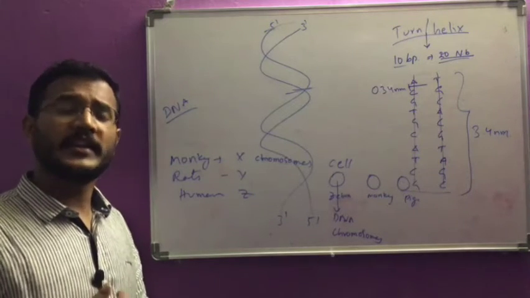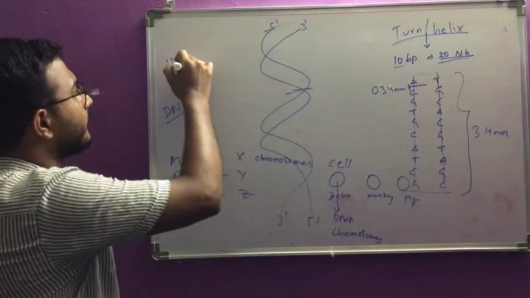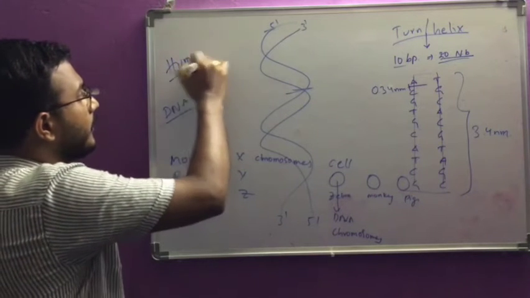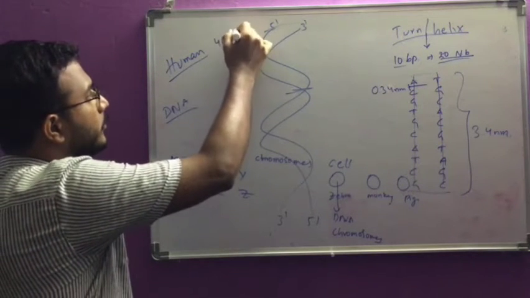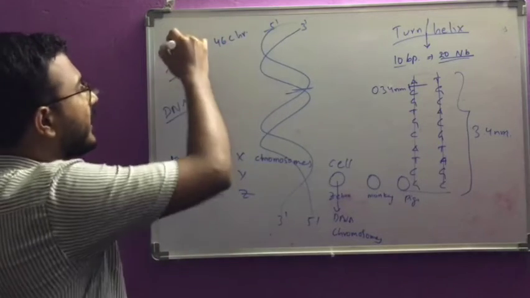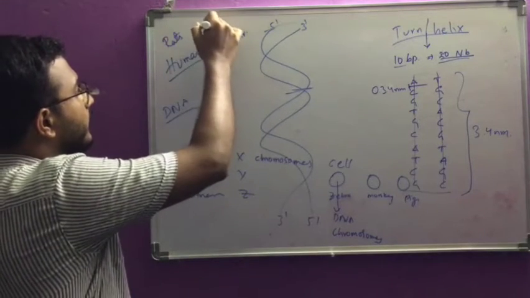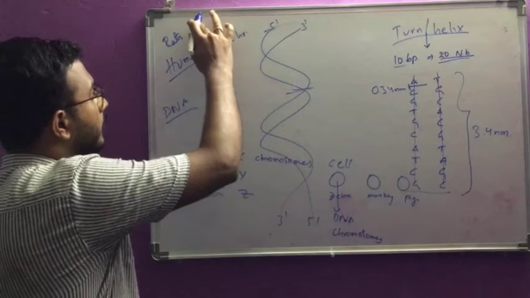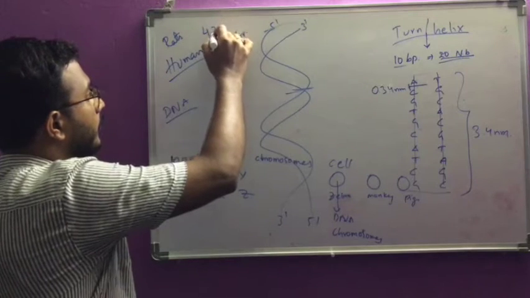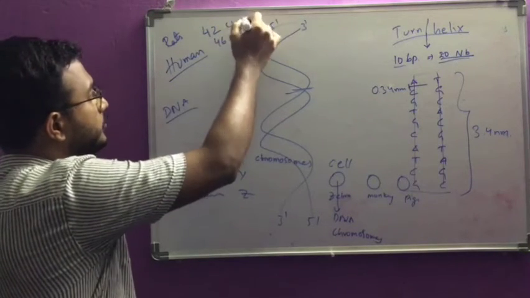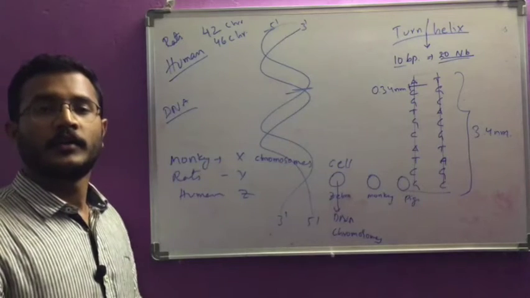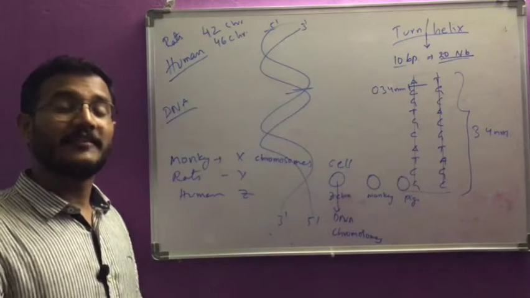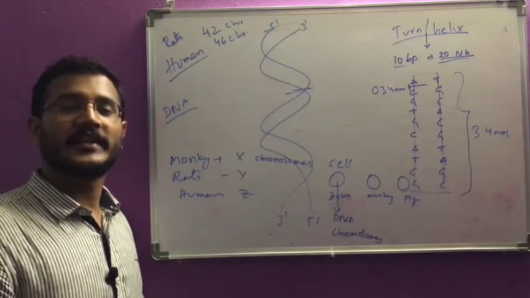But within the species itself, human beings have 46 chromosomes. Rats have 42 chromosomes, that is 21 pairs. But each and every human being does not look the same.